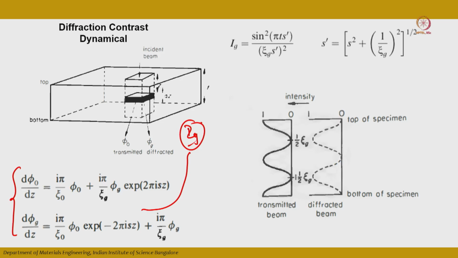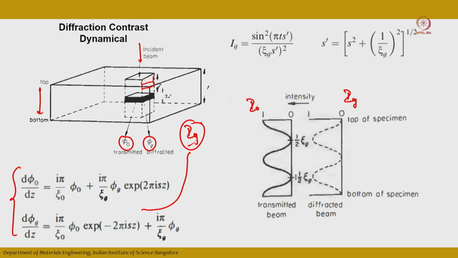If your incident beam is falling on the sample and you divide it into several volumes of dz, then each volume will have a diffracted intensity and a transmitted intensity. While travelling, the diffracted intensity might again diffract and contribute to the phi 0, and again it can diffract to contribute to the phi g. That is why the intensities of I 0 and I g change along the thickness.